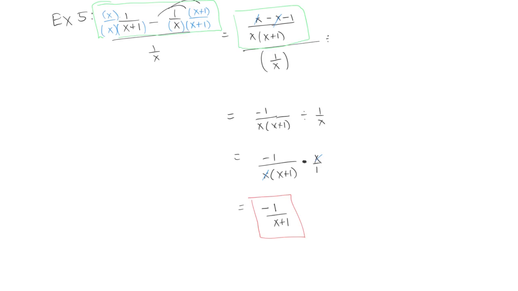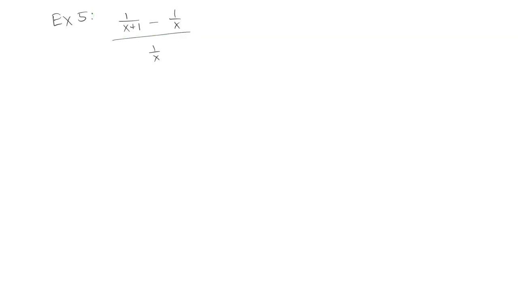Now I want to show you another way that can be just a tiny bit shorter, so let me go ahead and get started. Okay, if we look at the denominators, we see there's an x plus 1 and an x, and we don't have to repeat and multiply multiple times. But what we're going to do is take both the numerator and the denominator and multiply by x times x plus 1.